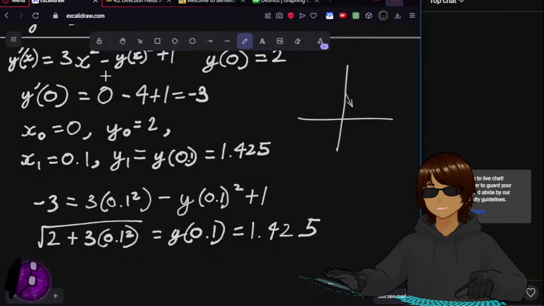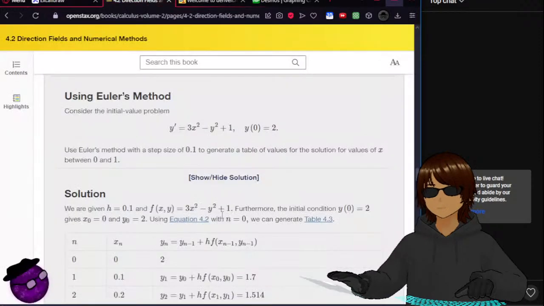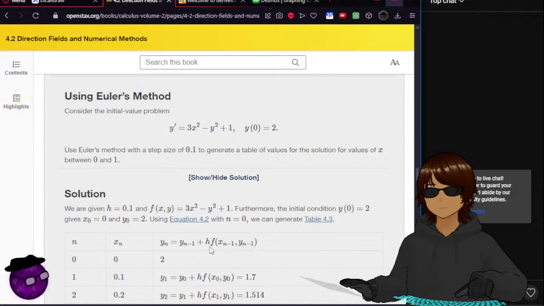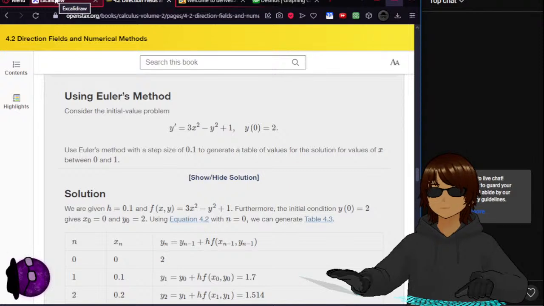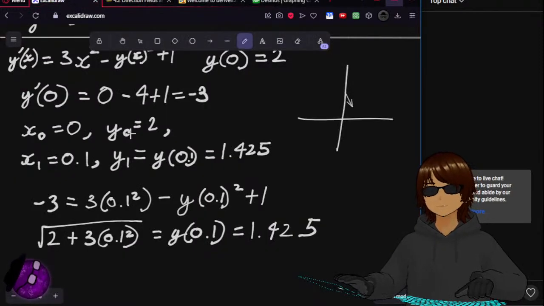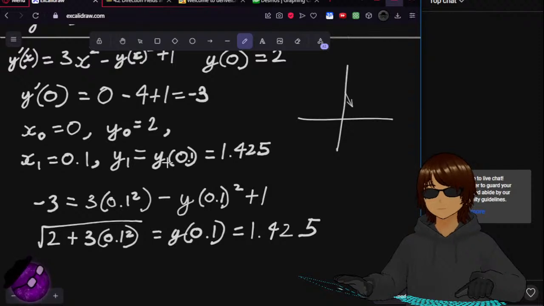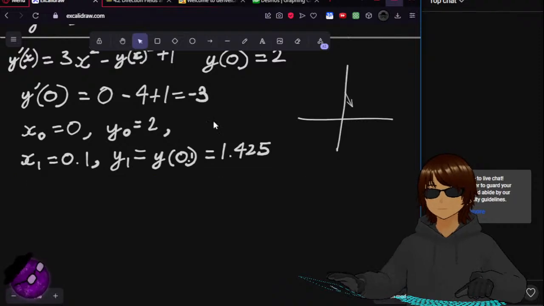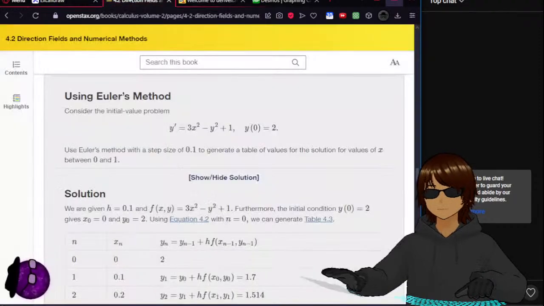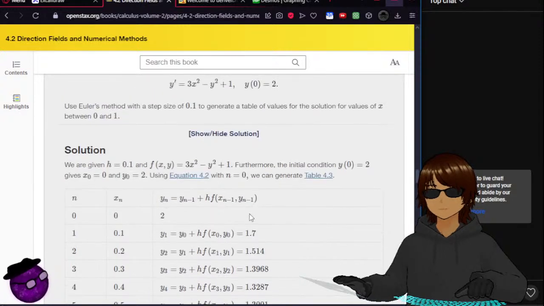The actual derivative with x naught and y naught is minus 3. Hold on, this is wrong. Minus 3.